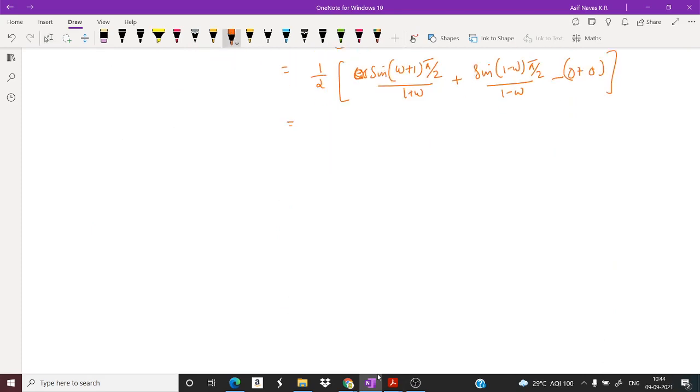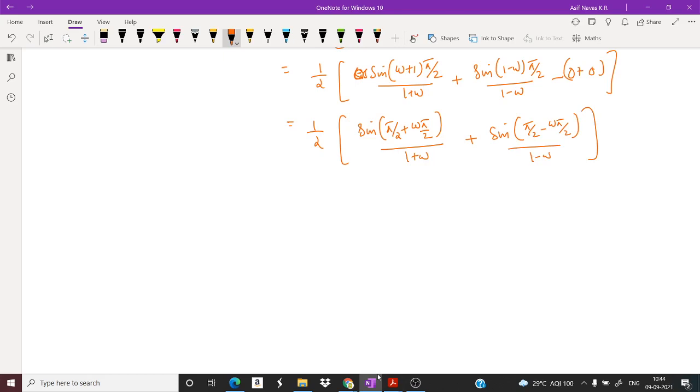So this is equal to 1 by 2 times sine pi by 2 plus omega pi by 2 divided by 1 plus omega plus sine pi by 2 minus omega pi by 2 divided by 1 minus omega.